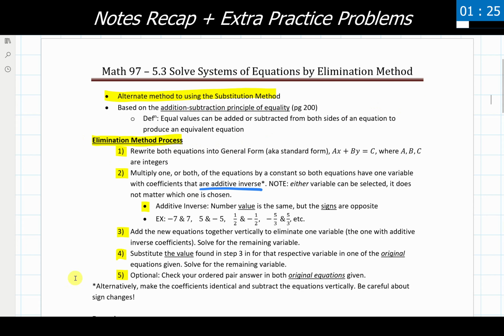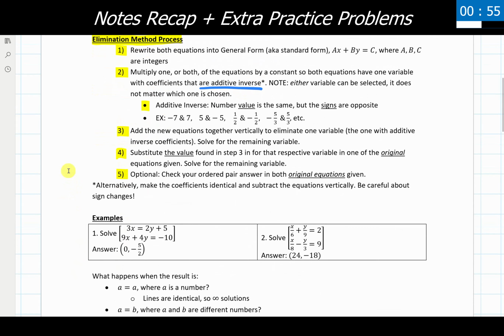I highly recommend that you have this written down for yourself, and as you are going through this process, please, please, please reference this step-by-step guide and the examples that we went through. Tons of people do not reference this for themselves, and they subsequently keep the problems very difficult and keep guessing at what they should do next. This is here for you to write down and reference later, so please make sure that you actually do reference it as you're going through these.